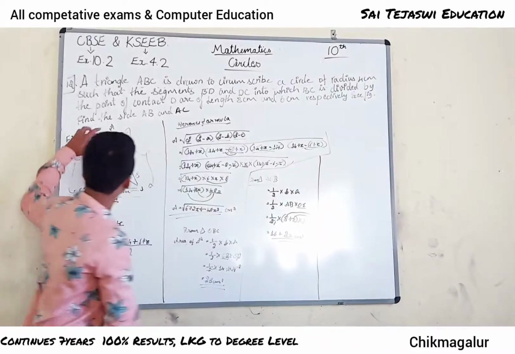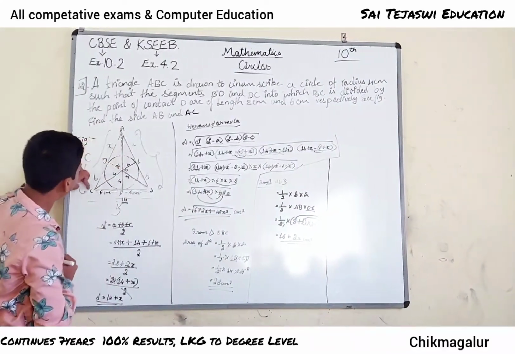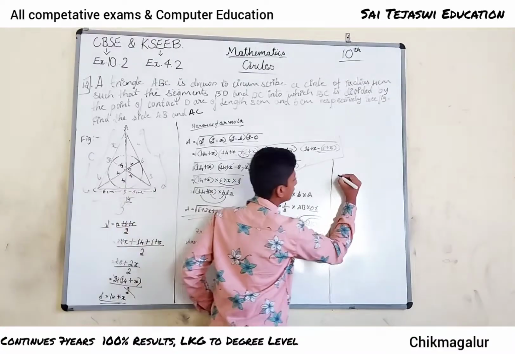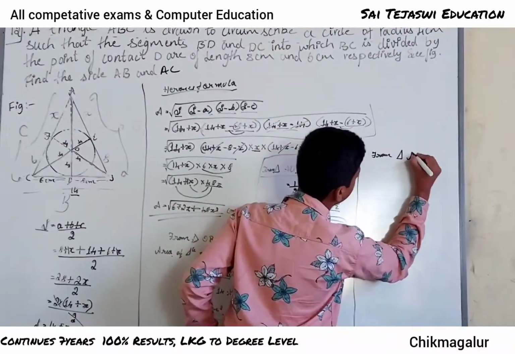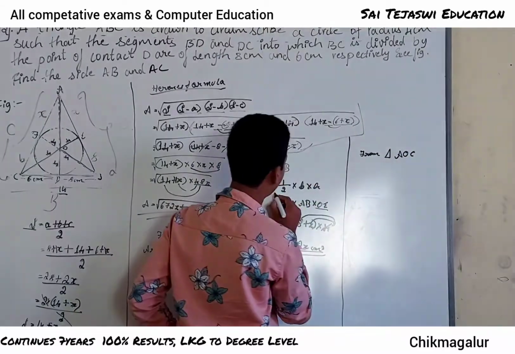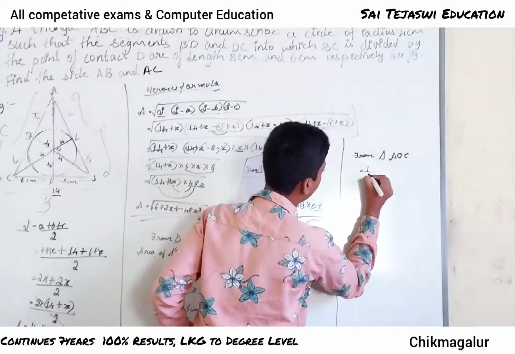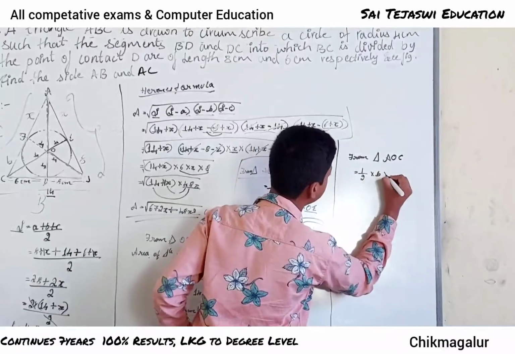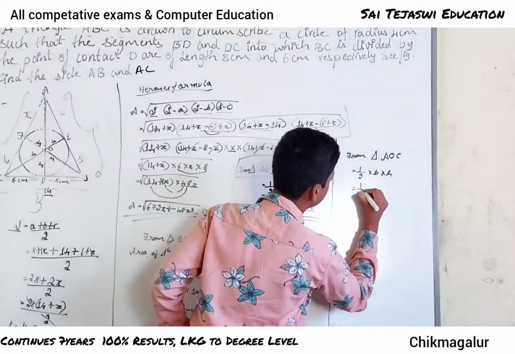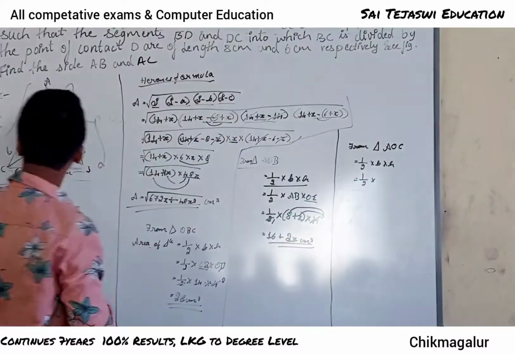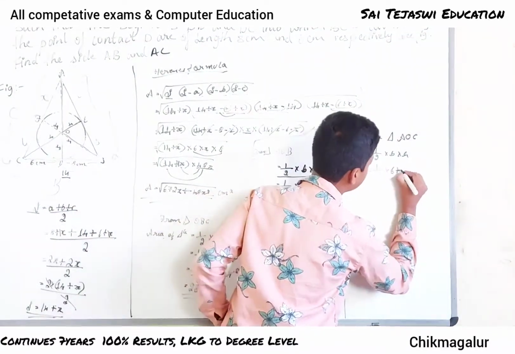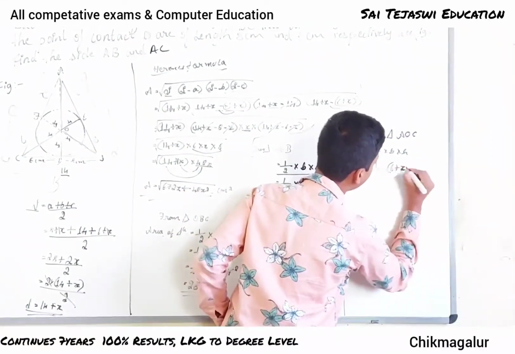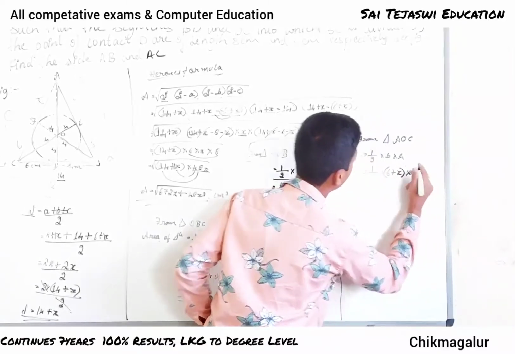And now we will take the third triangle, which is AOC. So from triangle AOC, again the same formula, which is half into base into height, half into, here the value of base is 6 plus x, so we take this as 6 plus x, this should be in bracket as there is two numbers, into height.